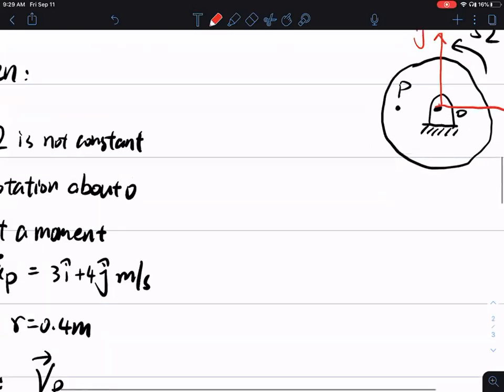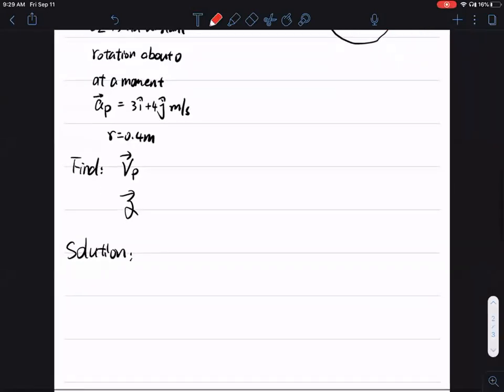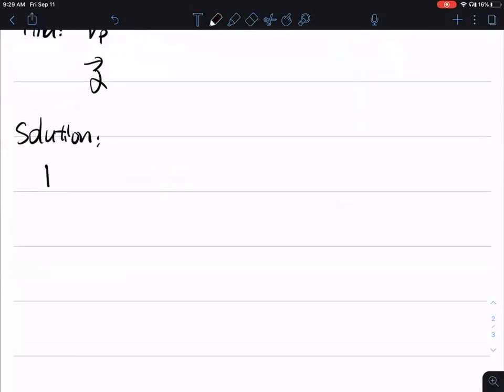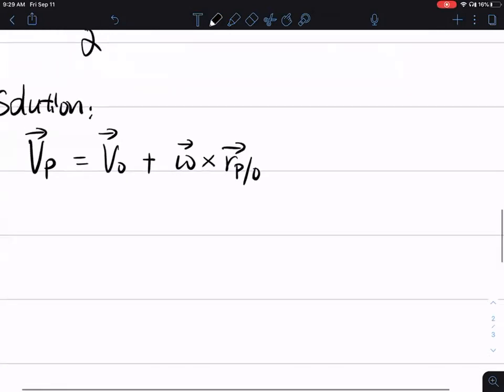So you should have point P and point O. The equation is going to look like Vp, that's what we're looking for, equals Vo plus omega cross product Rp/O. Keep that in mind: it's important that R has to be Rp/O, because P is first and O is second.